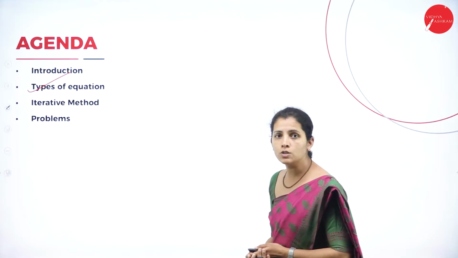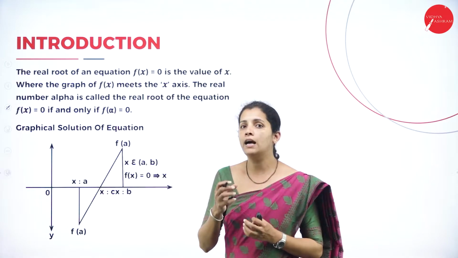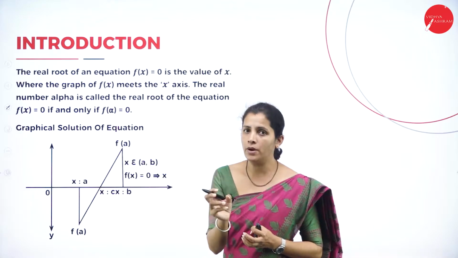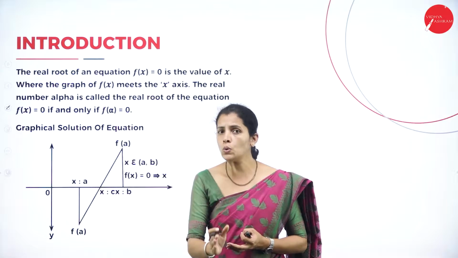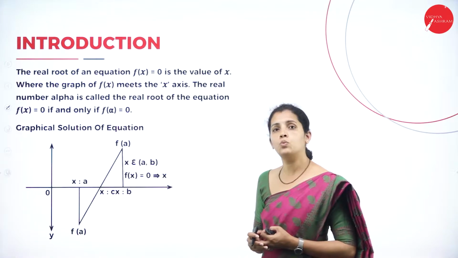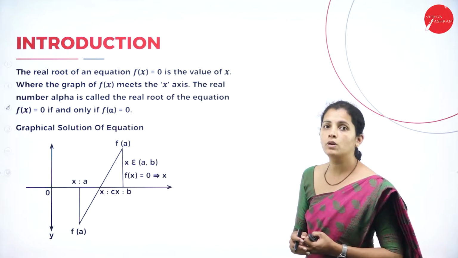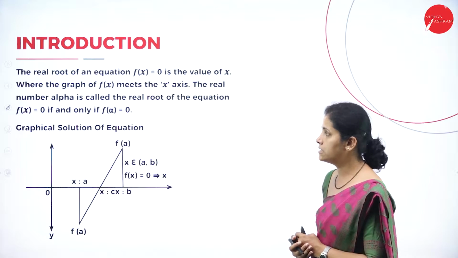So what is roots of an equation? Dear student, if I consider any equation, for each equation we are going to have the root. Now suppose if I want to find out the root, I want to consider x-axis as well as y-axis.